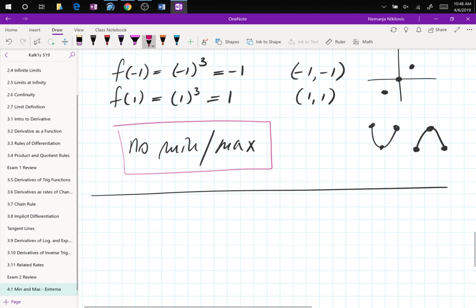So let's take a look at some of the homework calculations where they give you interesting stuff to solve.